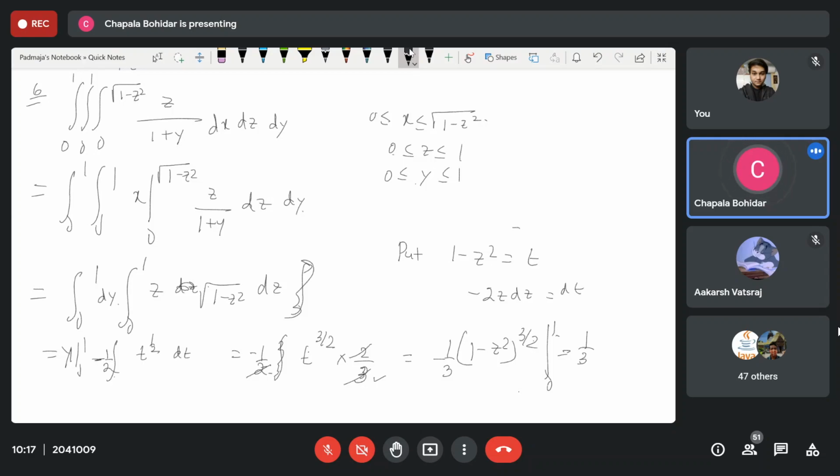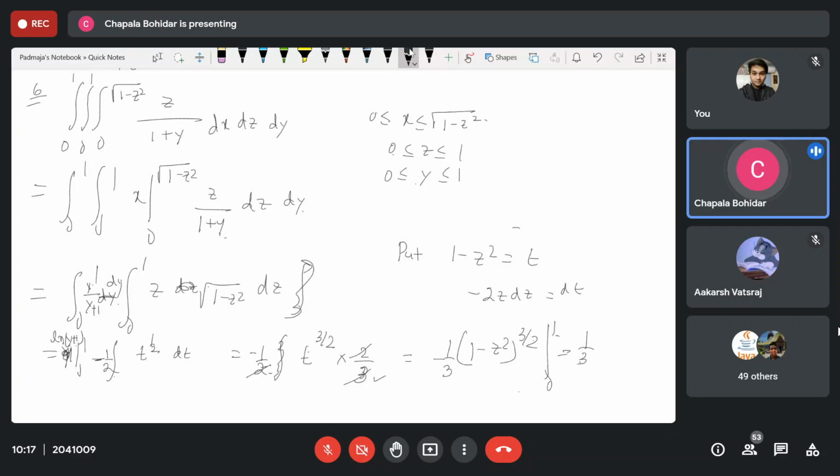Then the integral of 1 by y plus 1 dy. So here it is ln of y plus 1.